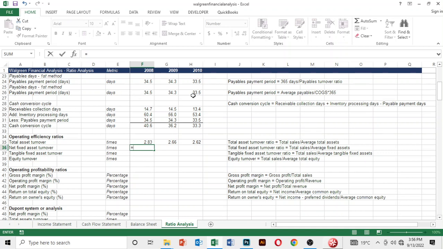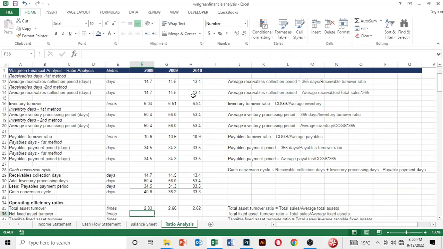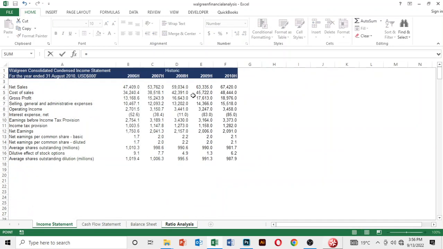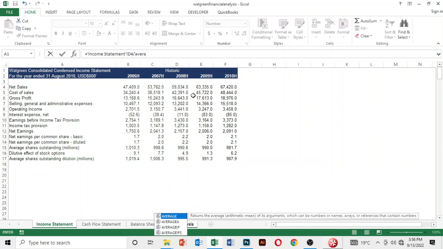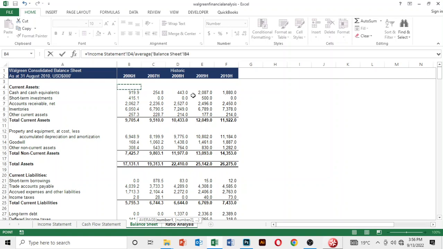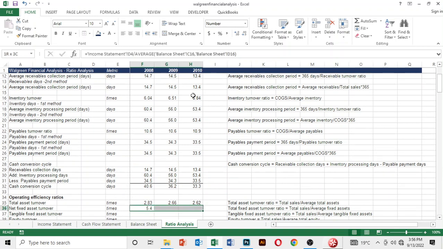We also use sales, so we go to the income statement and grab that, then we say average total fixed assets. We go back to the balance sheet, take the figure there, and close, just like that. We added a decimal place there.